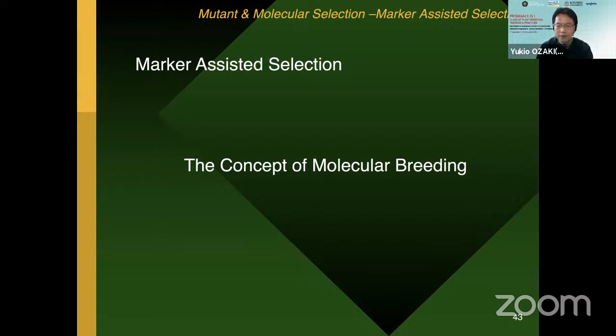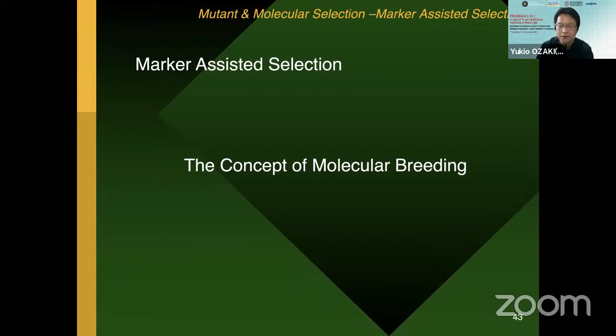One of the earliest documented applications of marker-assisted selection in plant breeding was the breeding for resistance to soybean cyst nematodes. Since then, there has been an explosion in application of this breeding approach.